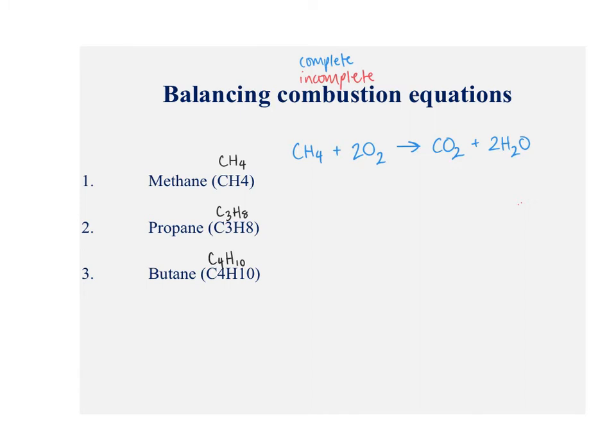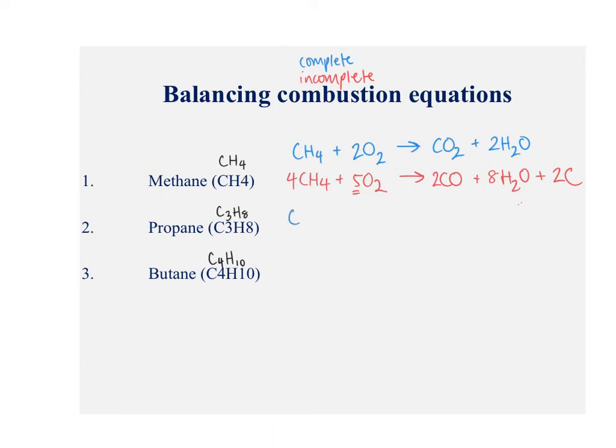Our equation is 4CH4 plus 5O2 gives us 2 carbon monoxides plus 8 lots of water plus that carbon at the end. Now notice that we can't cancel that down any further because that oxygen has got that really awkward 5 attached to it. Now let's take a look at propane.